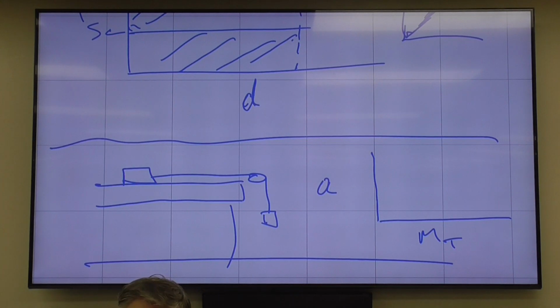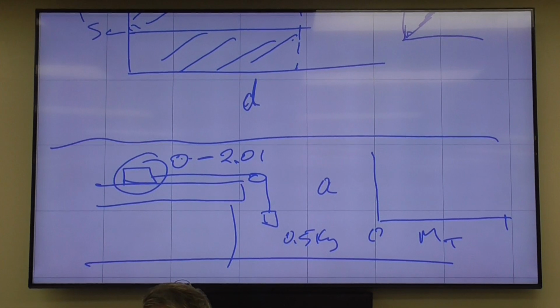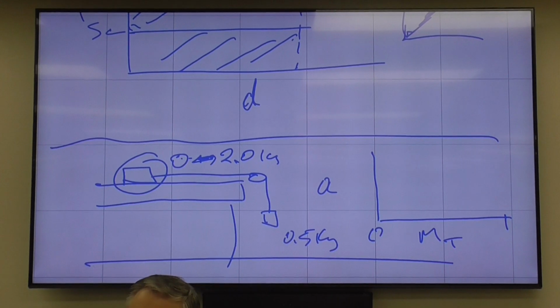This is the mass that's up on the table, so that goes from 0 up to, let's say this is a 1/2 kilogram mass, and that can go between 0 and 2 kilograms in that gap.